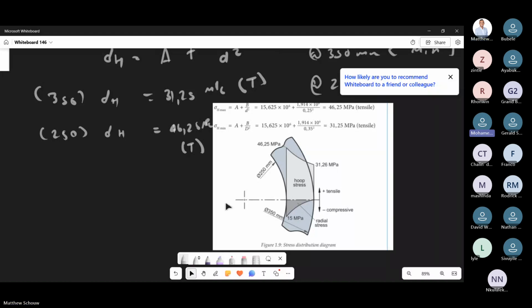For external pressure, it's the correct way around. It's the proper way: tensile is positive and compressive is negative. It's a mess actually. I don't know why I did that, because tensile is always deemed positive and compressive is always deemed negative. It's just like that. But I knew there was something with the signs.